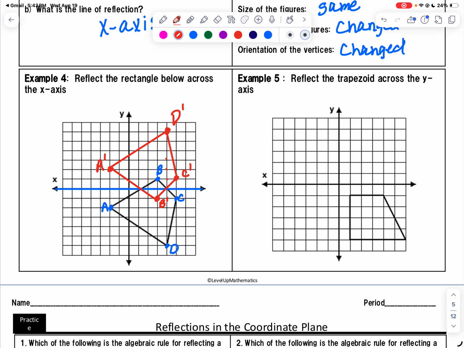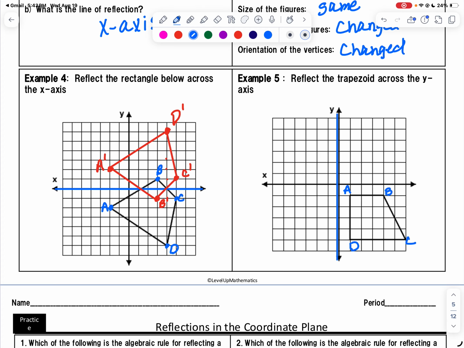Now, in example 5, we're going to reflect across the y-axis. Let's use A, B, C, D again.